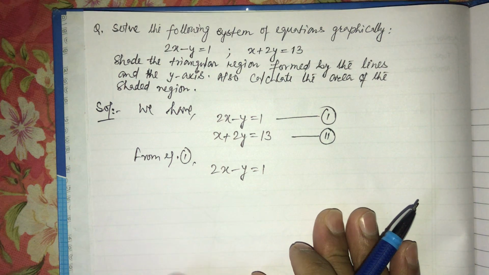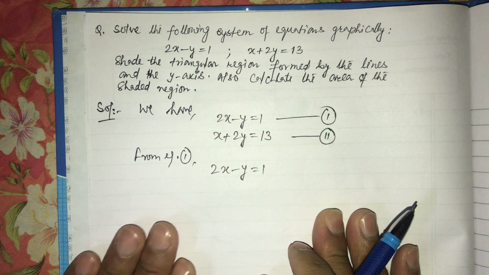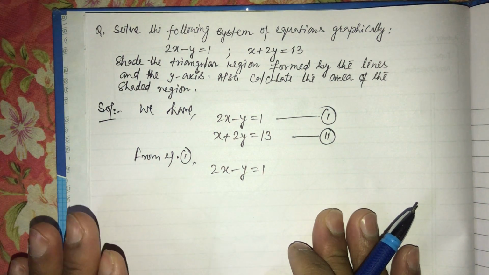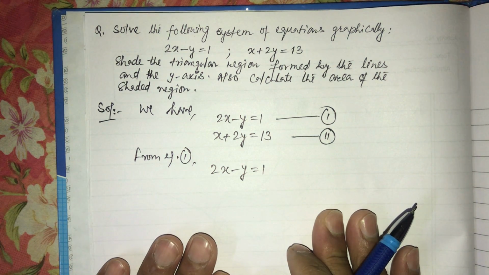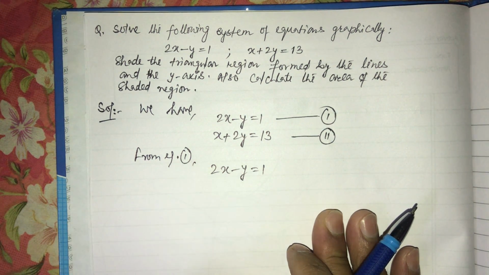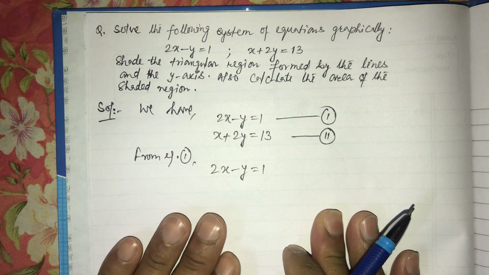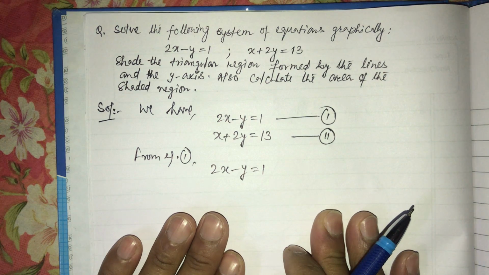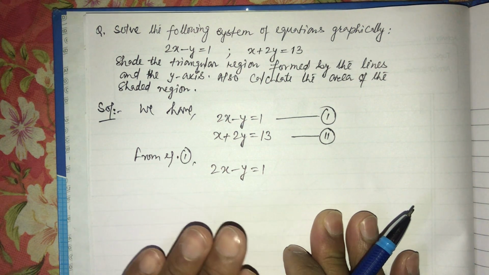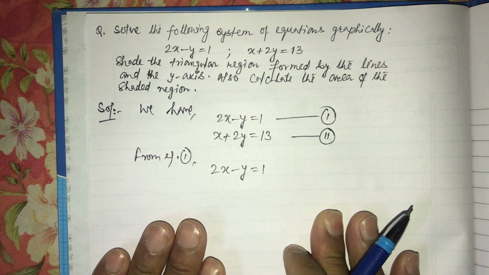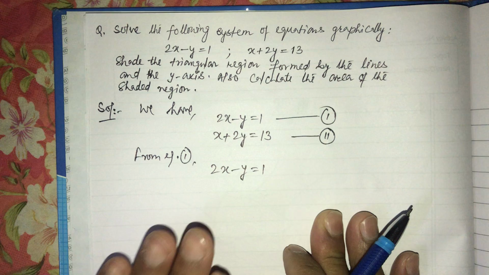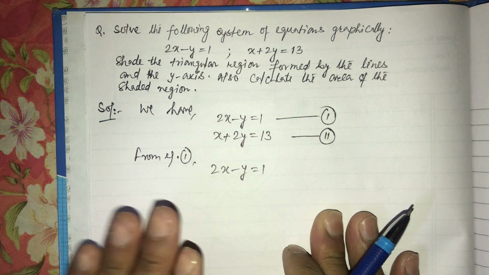So as far as possible go for integral values, integers only. Either negative, positive, or 0 you can use, but never take fractional or decimal values. In some questions we need to follow decimal values, but most of the time we don't require decimals, except a few exceptions.